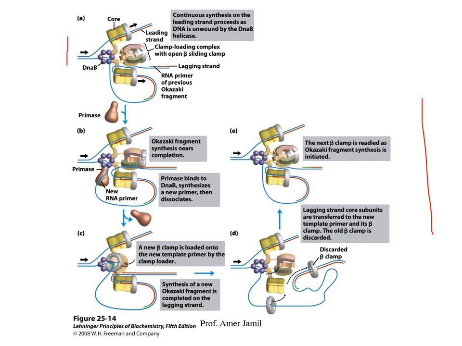Actually, this is not the situation. The actual situation is that there are two cores of DNA polymerase 3, both working simultaneously on the two strands of the DNA, one on the leading strand, another on the lagging strand.